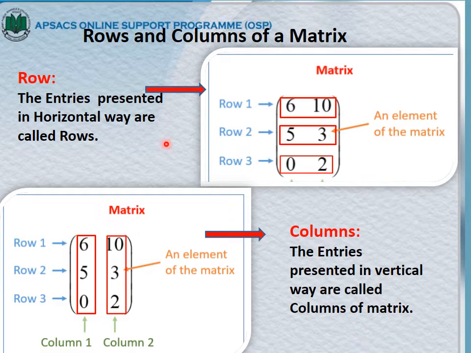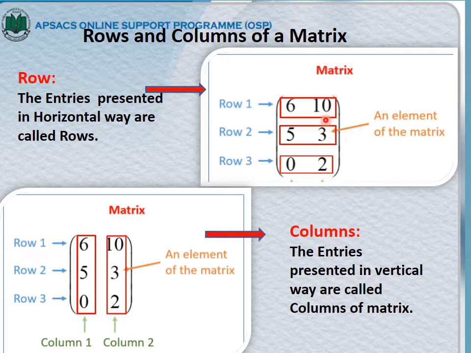Now in the definition, as I told you, these are the arrangement horizontally and vertically. So first of all, the first point is a row. What is a row? The entries presented in horizontal way are called rows.